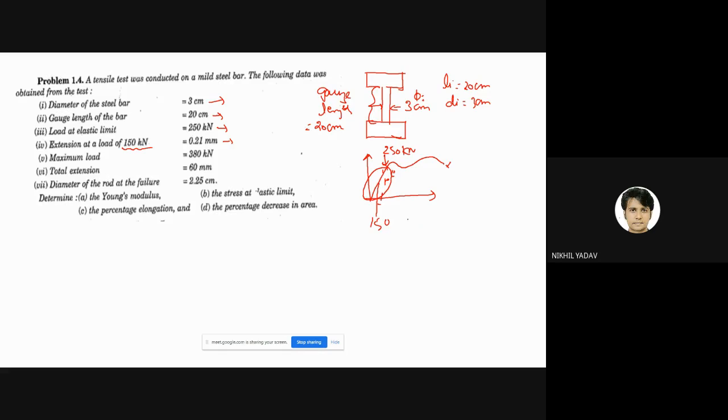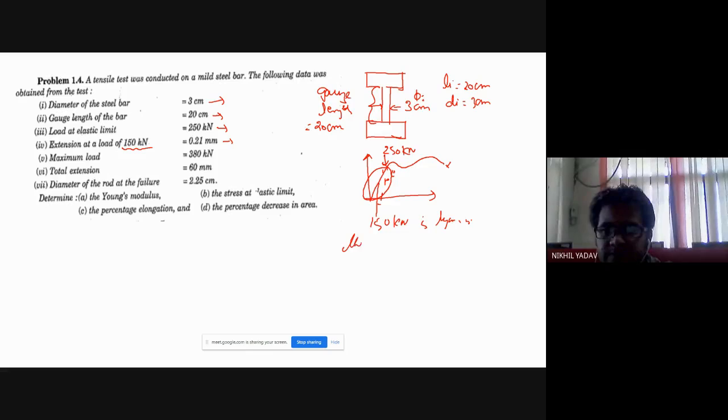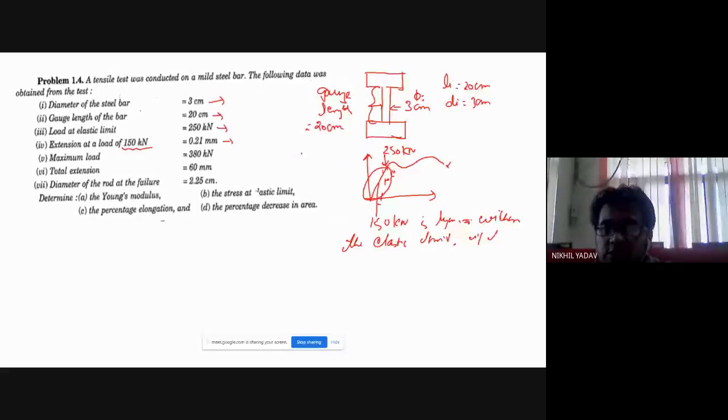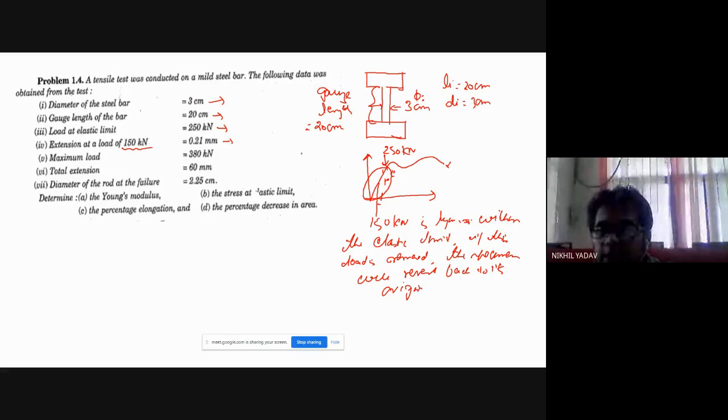So this load, 150 kilonewton, is lying within the limit where, if this load is removed, the specimen will revert back to its original configuration.